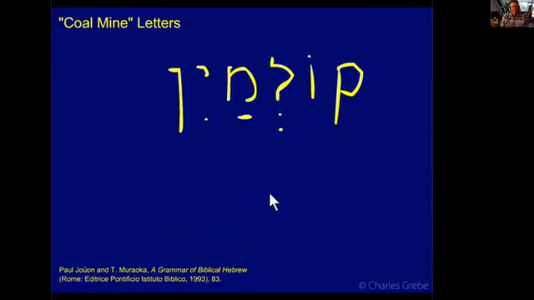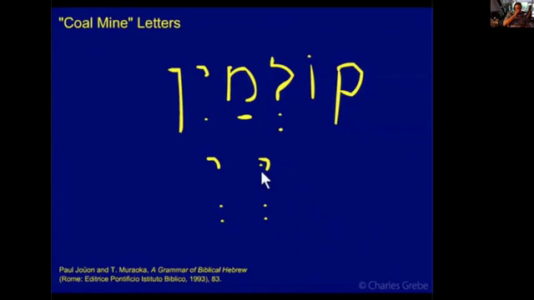What the rule says is this. If you have one of these letters, let's take the yud as an example, and it has a vocal shava after it, so it's followed by a vocal shava, or a vocal shava is sitting under it. If for some other reason you expect this yud to be doubled, sometimes you will find it doubled. In other words, you'll have the dagesh forte there, and sometimes you won't.